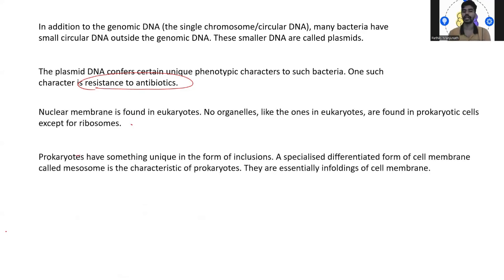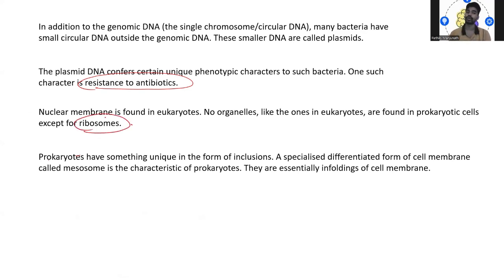Next, the nuclear membrane is found in eukaryotes. No organelles like the ones in eukaryotes are found in prokaryotes. That is, the nuclear membrane and any other organelles found in eukaryotes you don't find in prokaryotes, except ribosomes, which you will find in both prokaryotes and eukaryotes, as I told before.